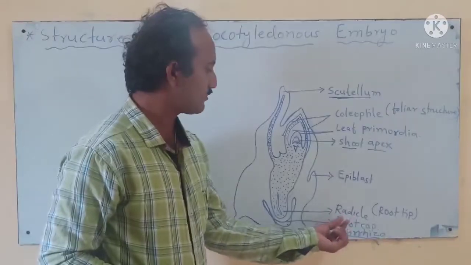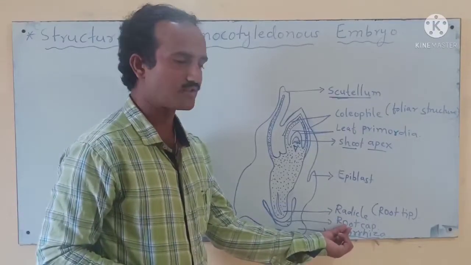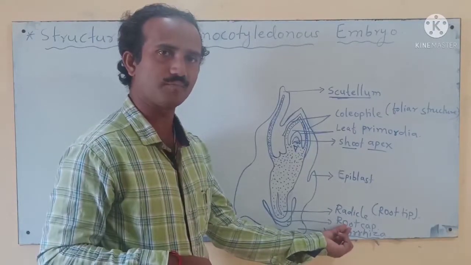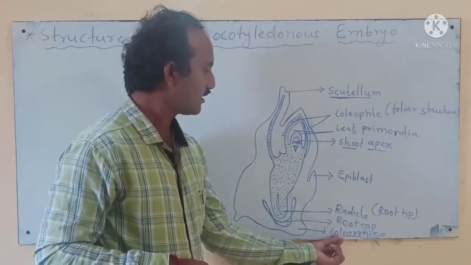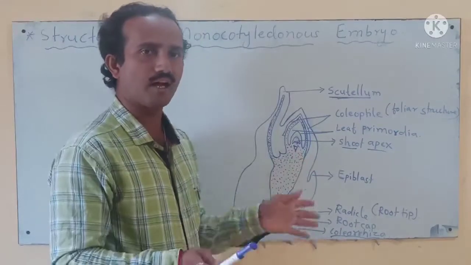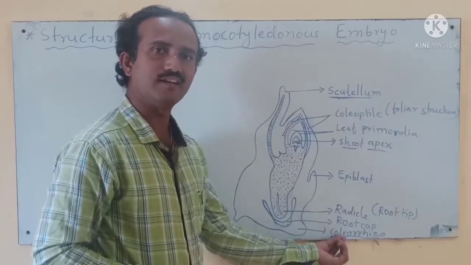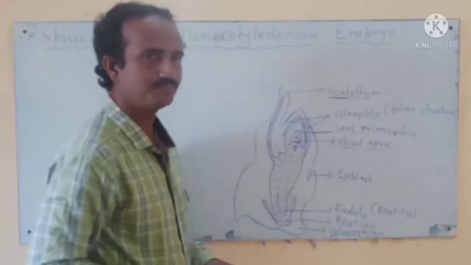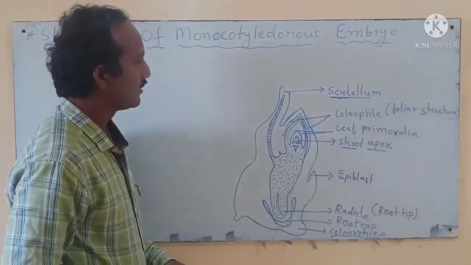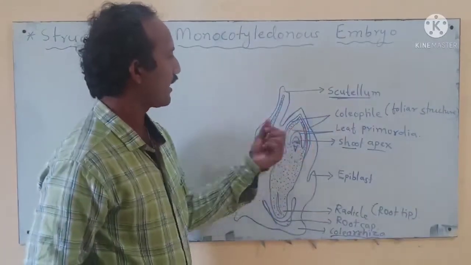That is covered with a root cap, as you know from the dicotyledonous embryo also. Then it is enclosed by a coleorhiza, an undifferentiated sheath. Then after that we will discuss another part.